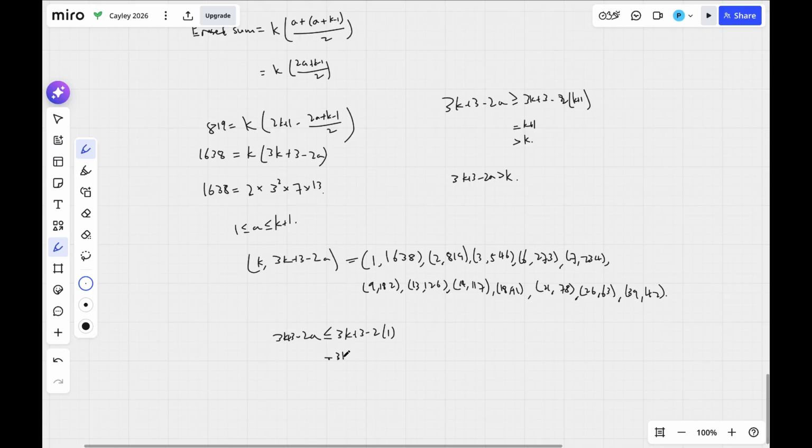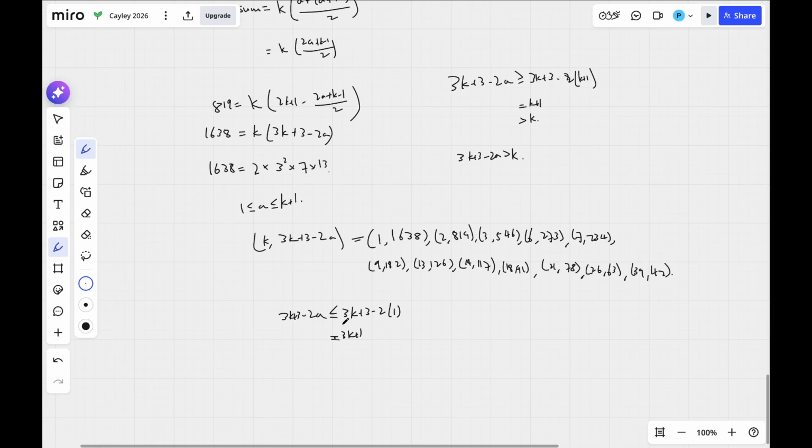So this is still a lot of pairs, so we can use the other condition.